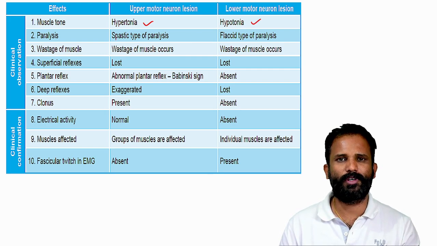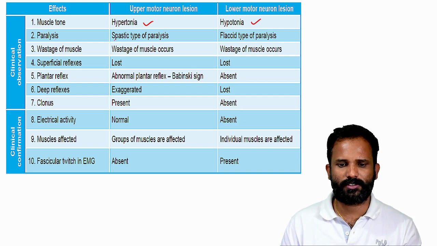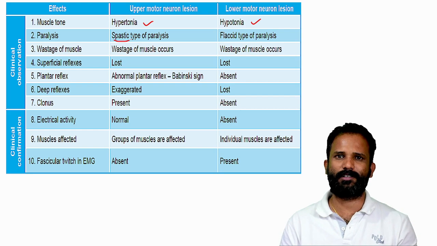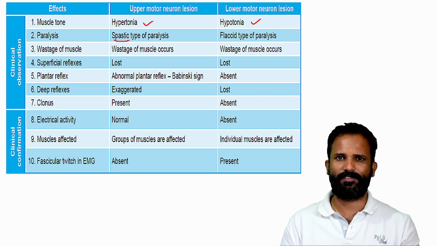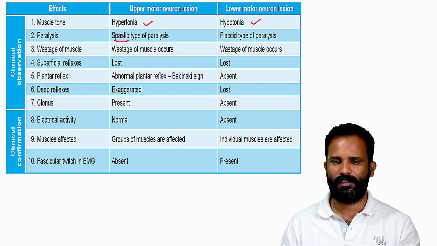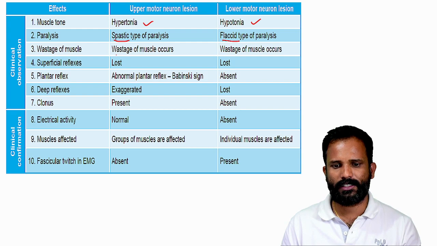As the tone increases, even though the voluntary movement is not there, hypertonia is also called spasticity. Spasticity means increased tone in one group of muscles, either flexor or extensor, and in lower motor neuron lesion the tone is less, flaccid.